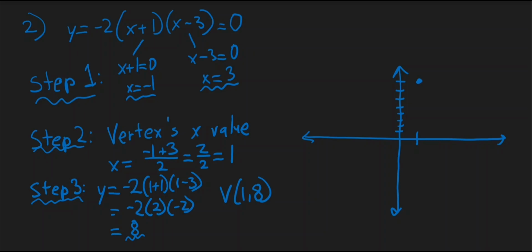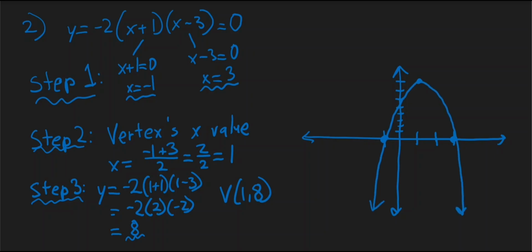Then the first x-intercept, the p value, was a negative 1, and the value of q was a positive 3. So that's 1, 2, 3. Upon connecting all 3 points in a parabolic curve, that would be the graph of our parabola.